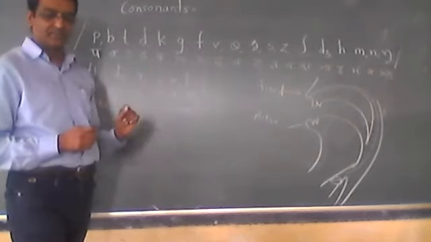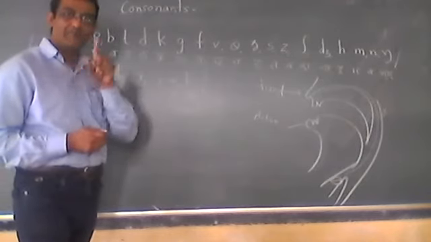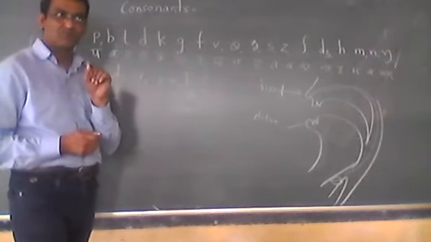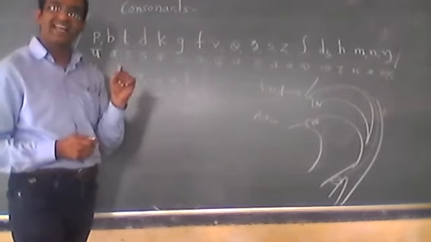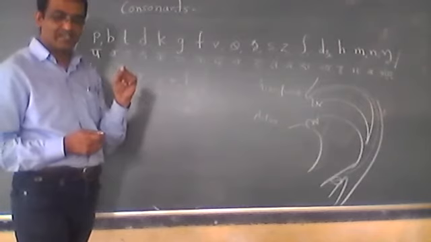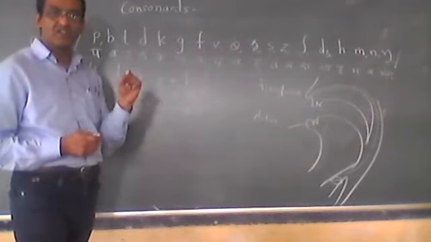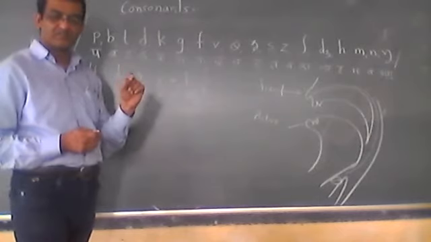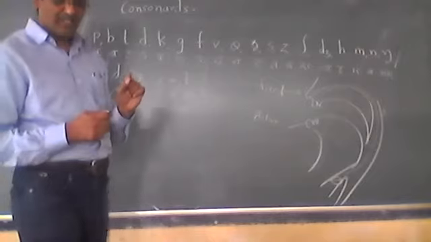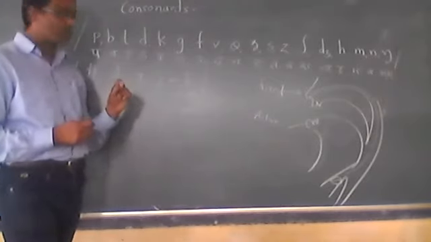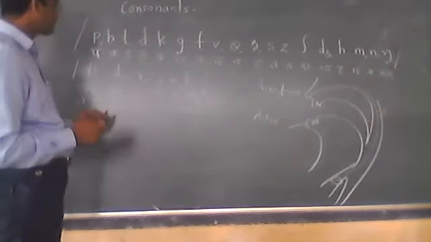So labiodental sounds. Then we have the teeth ridge, the upper part behind the teeth, which we call alveolar. The sounds produced here are t, d, s, z, n and l. These sounds are produced at the alveolar ridge.